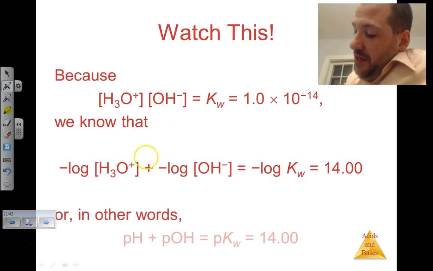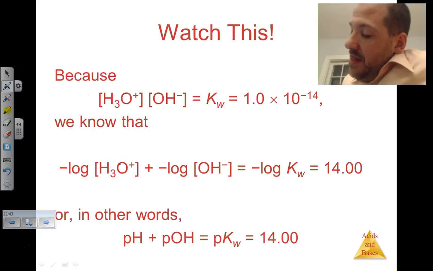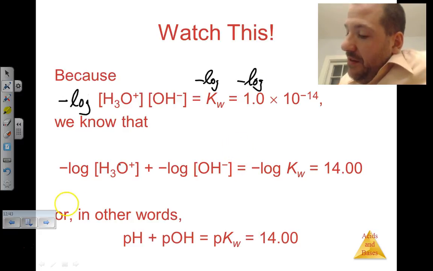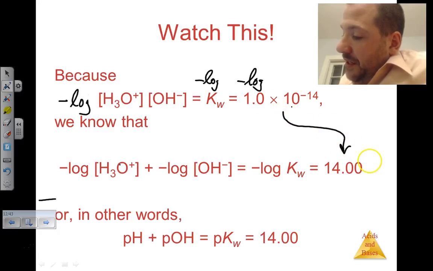Okay, so I'm looking down here. What we can do is take the negative log of this, and the negative log of this, and the negative log of this term. When we do that, the negative log of 10 to the minus 14 equals 14.